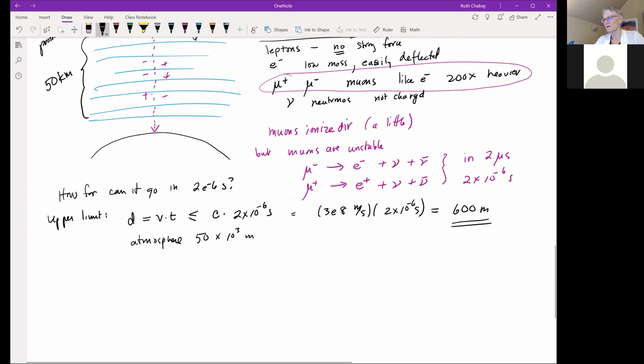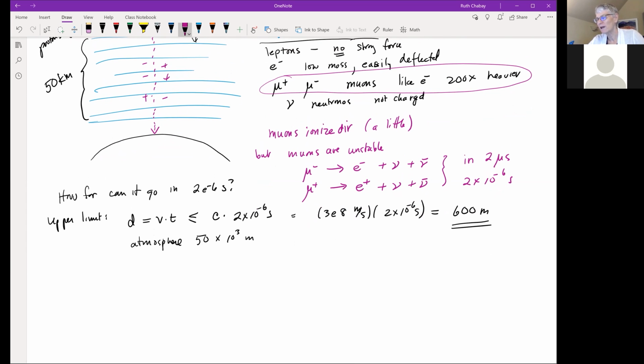And why does it work? We get muons coming down through the atmosphere, and it is exactly that. It is a relativistic effect. Time is running slowly for the muon, because it's going so fast, and so it doesn't age.